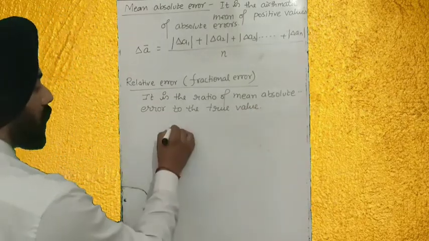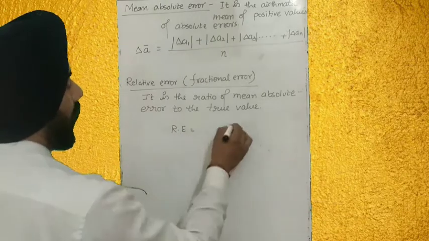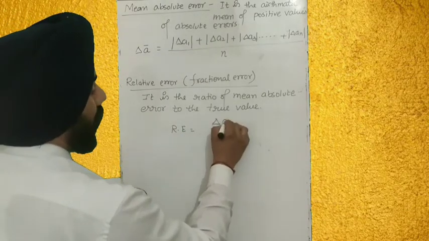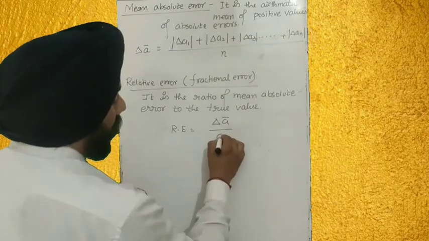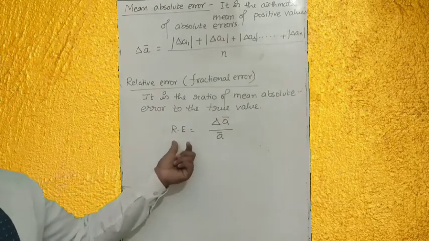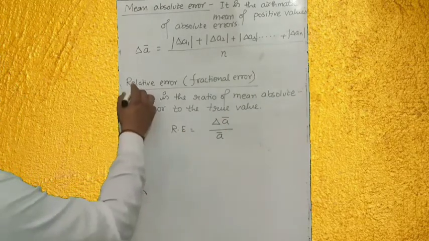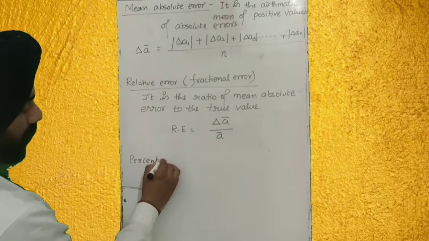So relative error or fractional error will be the mean absolute error, that is delta A bar, upon A bar. This ratio is called relative error.